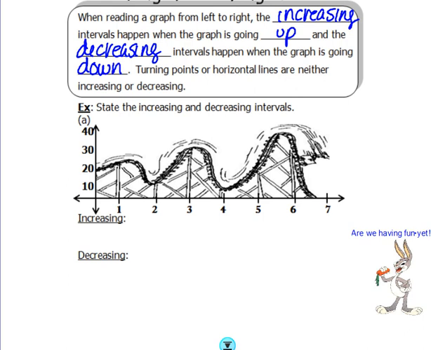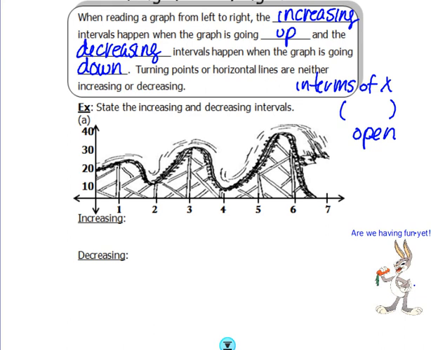Turning points or horizontal lines are neither increasing nor decreasing. A couple of things to remember: we're always in terms of x when we talk about increasing and decreasing intervals, and they're always open, so we're going to be using parentheses only. We'll talk about that as we go through it.